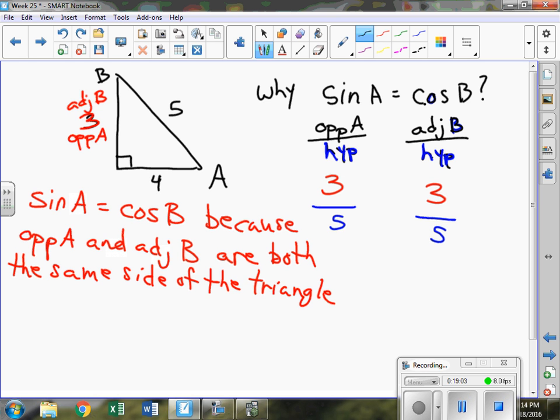We could also write it up: opposite of A is the same side of the triangle as adjacent of B. Basically, we're just writing up a sentence that's saying it's the same piece.